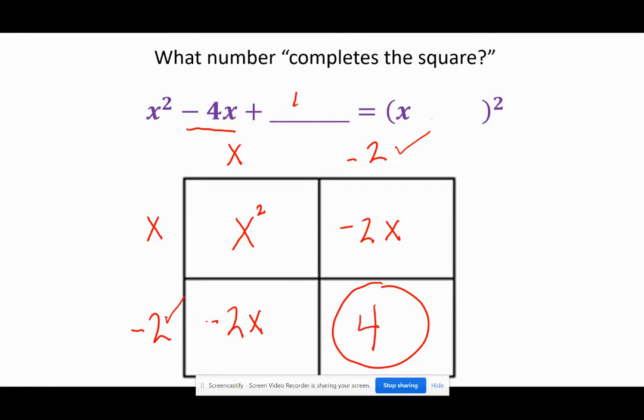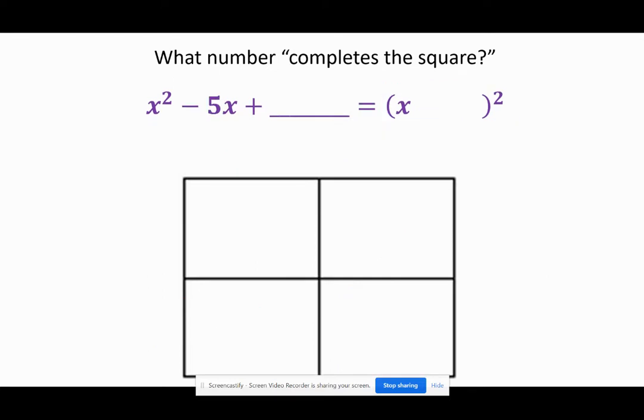This would need to be a 4. If that was a 4, this quadratic could be rewritten as x minus 2 squared. And being able to write it in this form over here on the right is going to allow you to solve the quadratic. And that'll make more sense when we dive into that today.